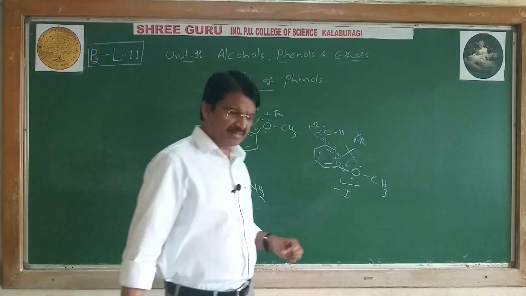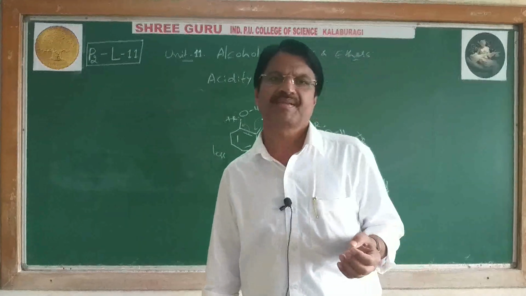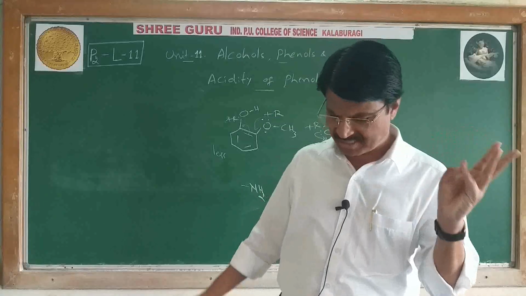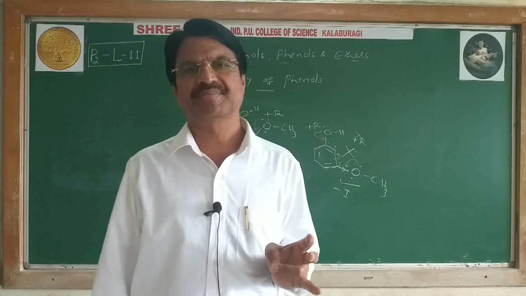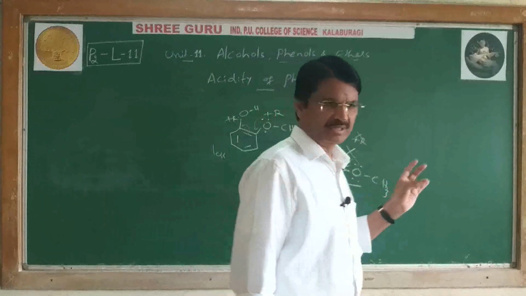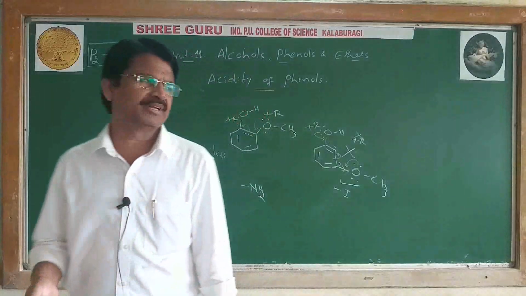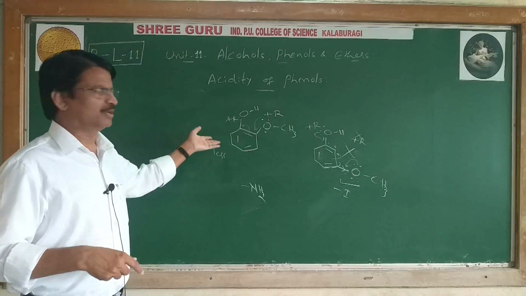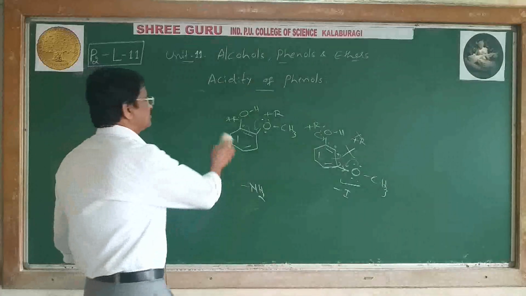Then explain the effect of methyl group on acidity of phenol, or explain the effect of NO2 group on acidity of phenol. So all these questions we can expect in the theory paper, and even in CET there are objective type questions on acidic character, which is more important.